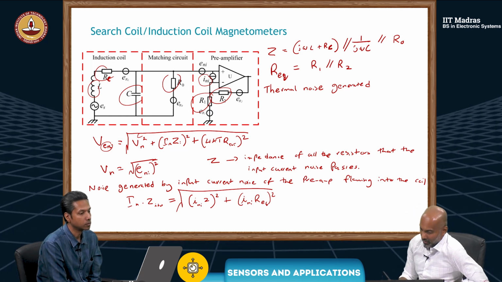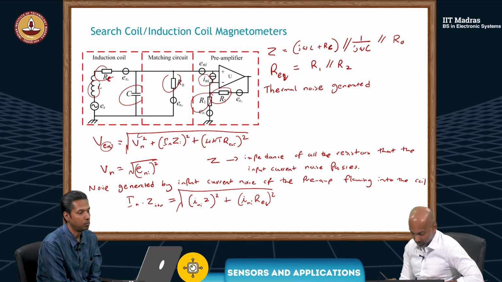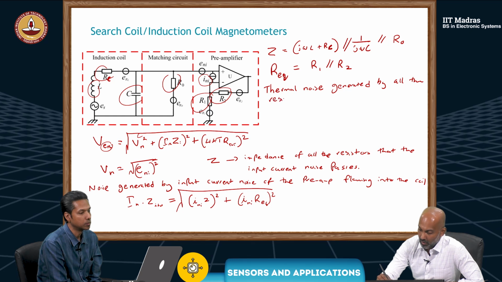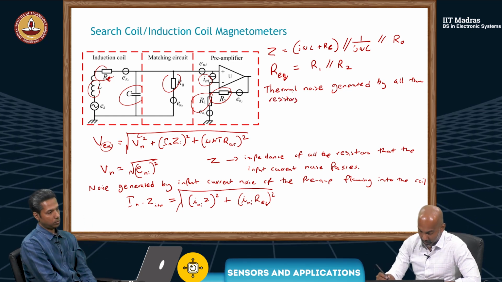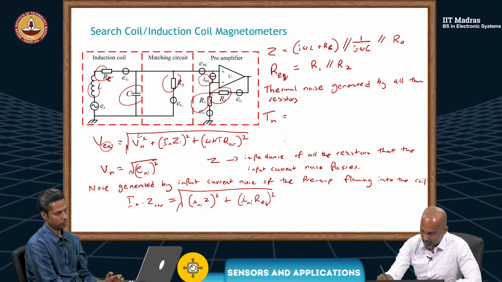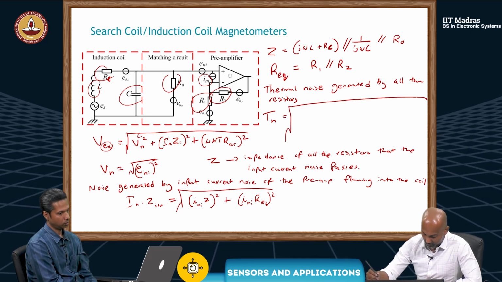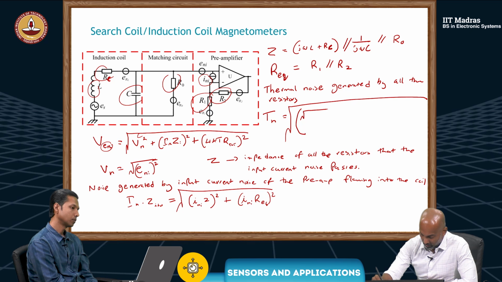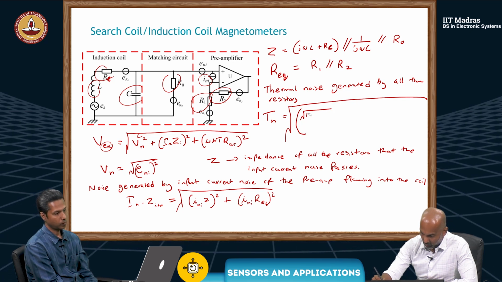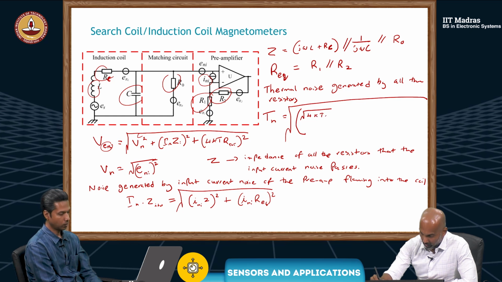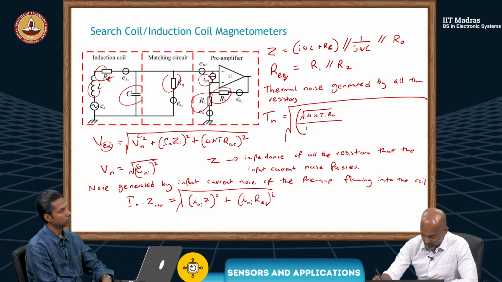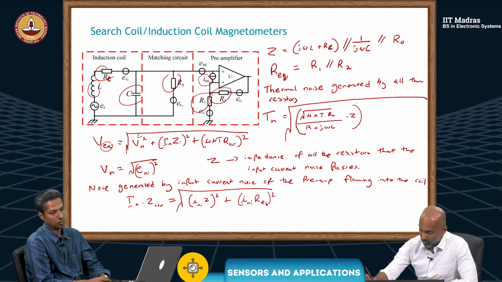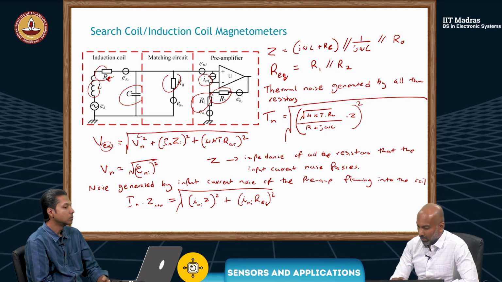And the last thing we need to consider is thermal noise, generated by basically all the resistors. So let's say the noise Tn then becomes, we know this one, square root of 4kT RC divided by (RC plus j omega L) times Z squared, again looking from this side.